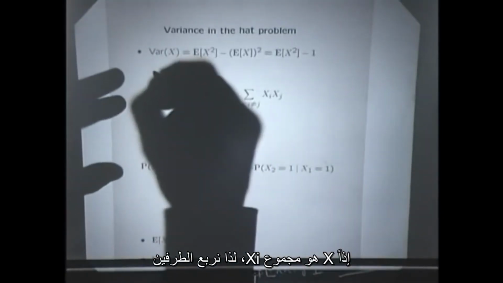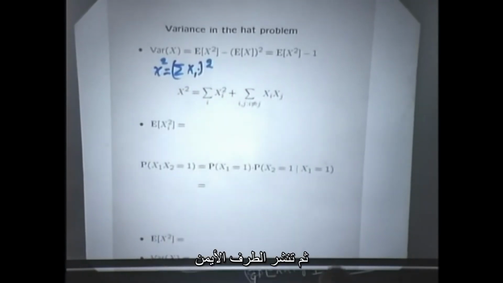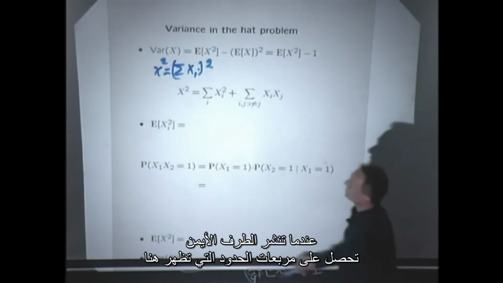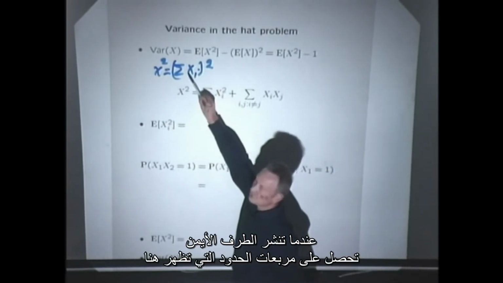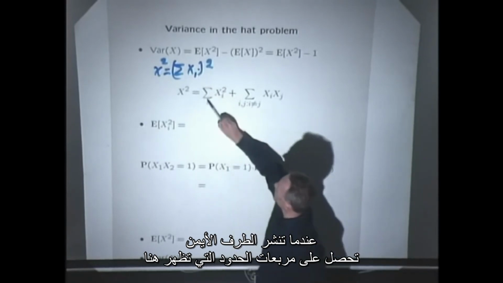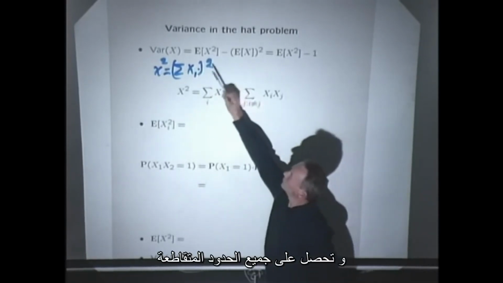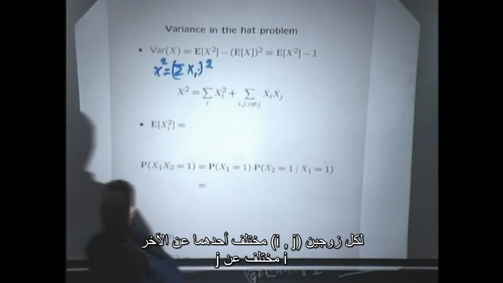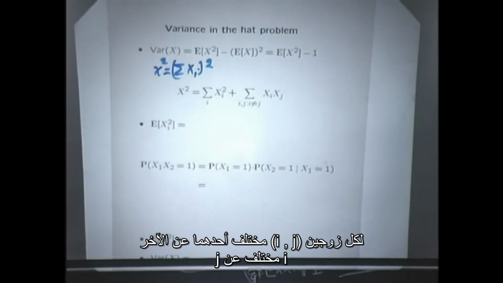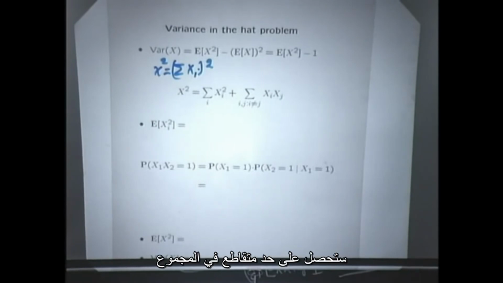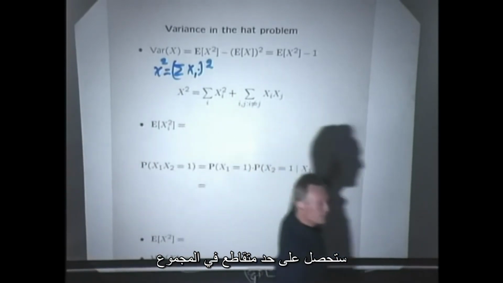So x is the sum of the xi's. So you square both sides of this, and then you expand the right-hand side. When you expand the right-hand side, you get the squares of the terms that appear here, and then you get all the cross terms. For every pair i, j that are different, i different than j, you're going to have a cross term in the sum.